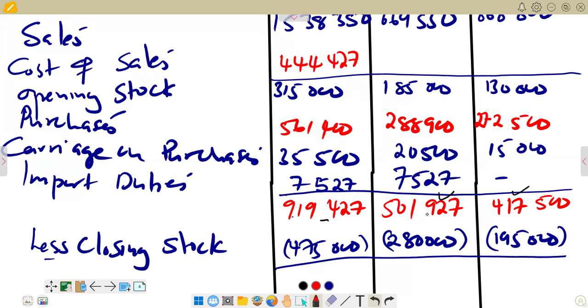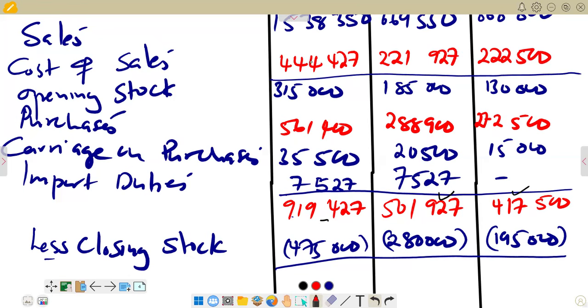Here again, 501,927 minus 280,000, and we're going to get 221,927. On the toys column, we are going to say 417,500 minus 195,000. Then we are going to get 222,500. So these are the answers that we have.